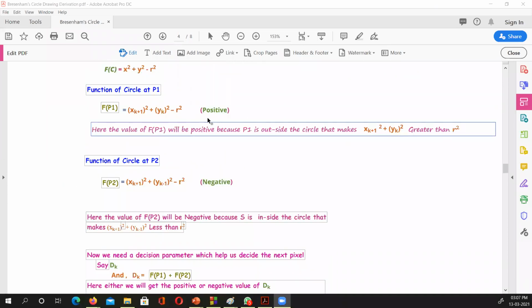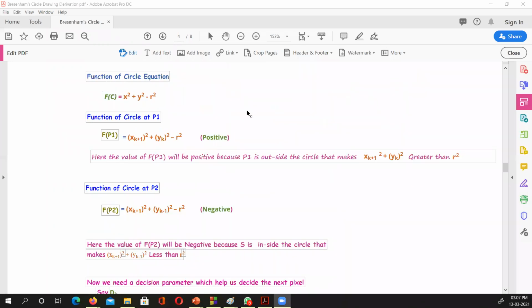Now we know this is going to be positive and this is going to be negative. Why? Because in this case, your point is outside the circle, so this is going to be more than the radius. Radius is from the center to the circle, and your point P1 is outside the circle, so it comes to be a positive distance.